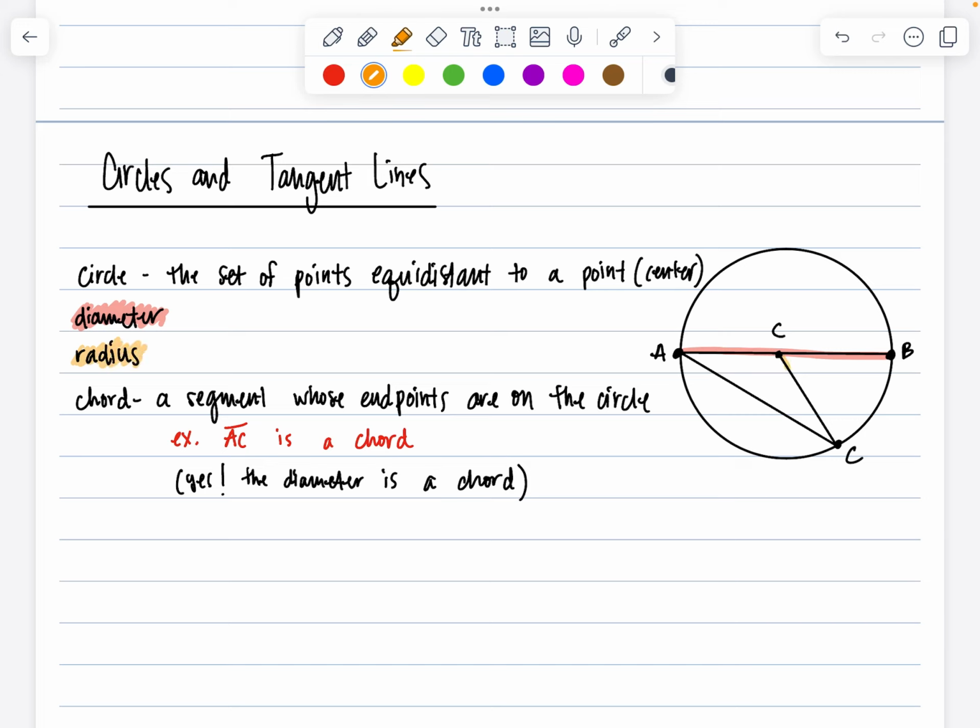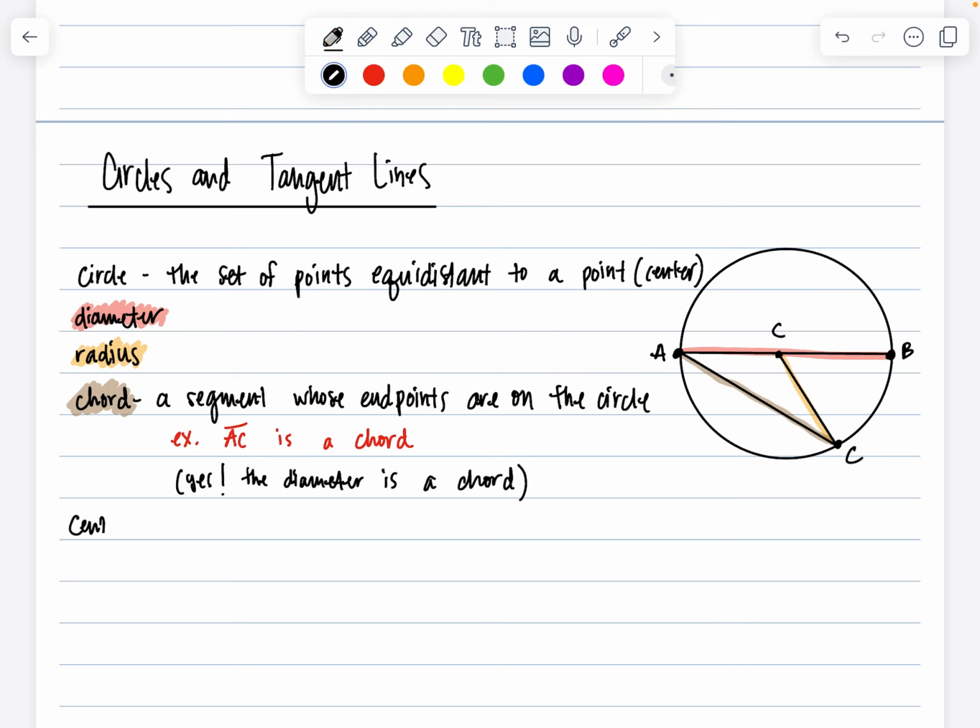Just to kind of color code this and make this a little nice. And then I'm going to do in brown the chord. Now I'm only going to do this chord. I'm not going to do the diameter because I want to differentiate it. And we're going to have another definition here.